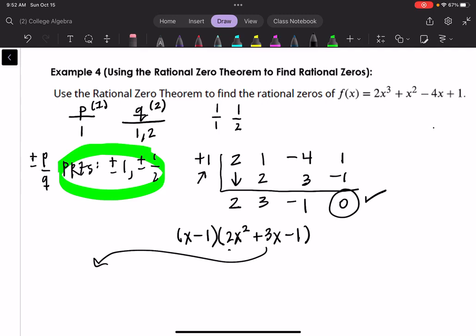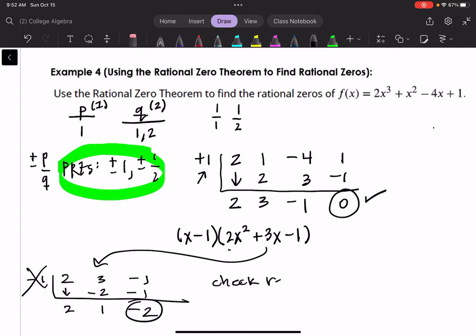So let's check -1. This will be 2, 3, -1, 2, -2, 1, -1. This is -2, so this is not a factor. Then we'll check 1/2 and -1/2, and when you check those, you'll see that neither of the others are factors either.